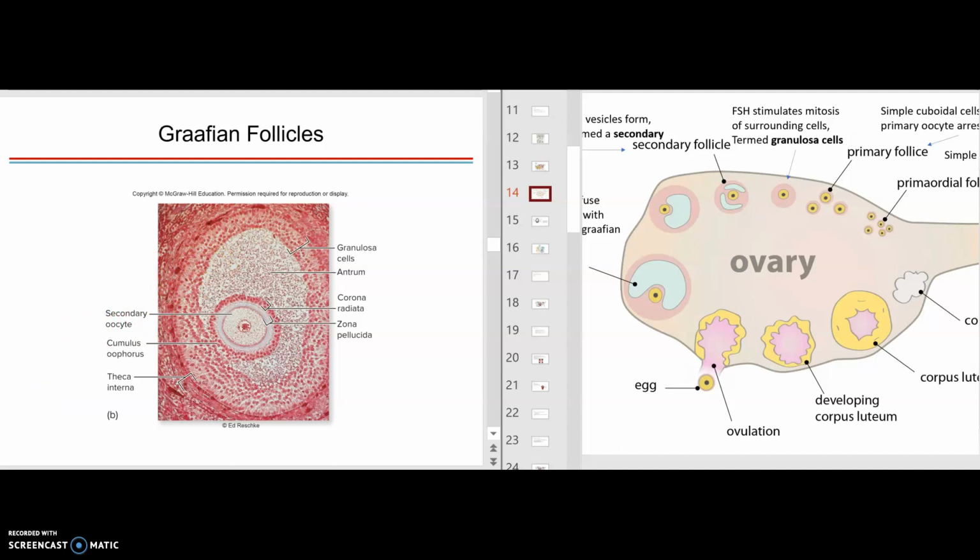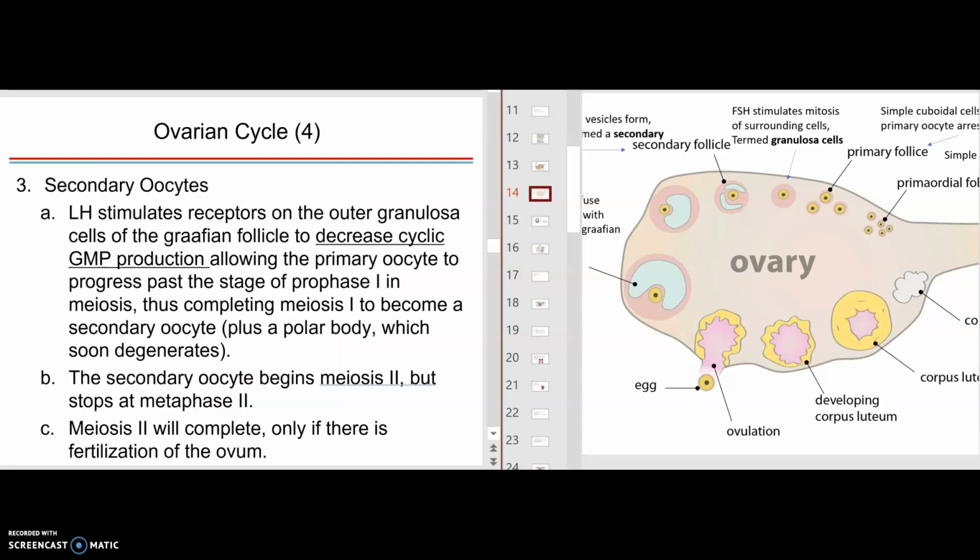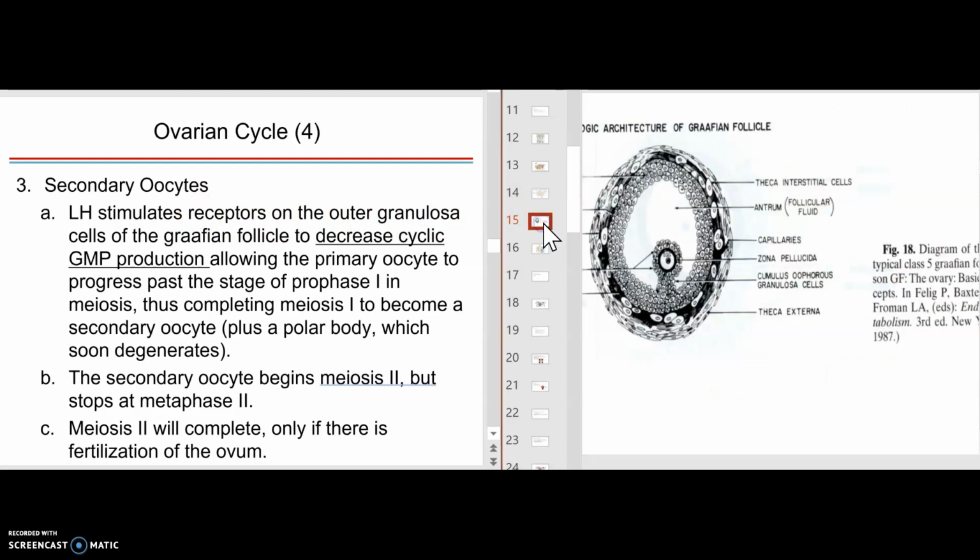So now where we go is the secondary oocyte. Luteinizing hormone stimulates receptors on the outer granulosa cells, these cells out here, to decrease the amount of cyclic GMP.